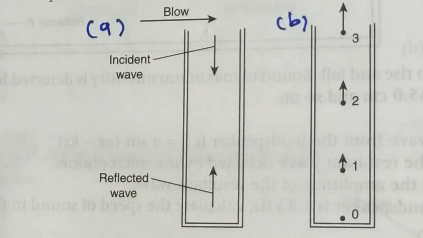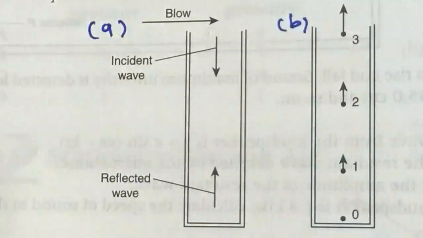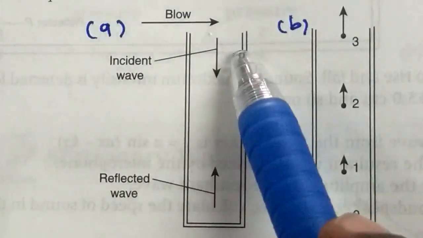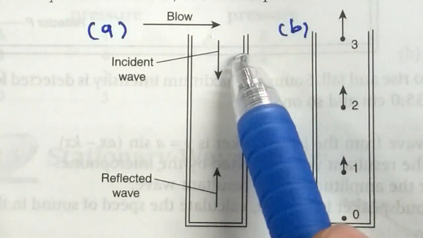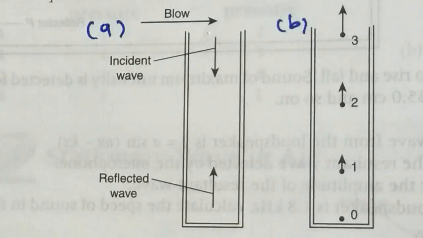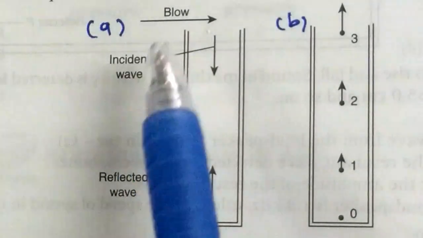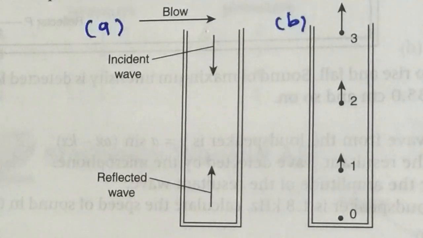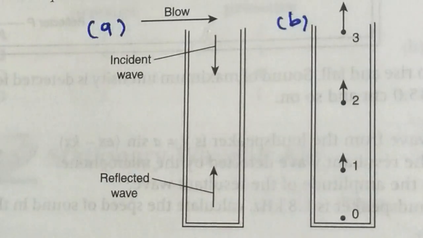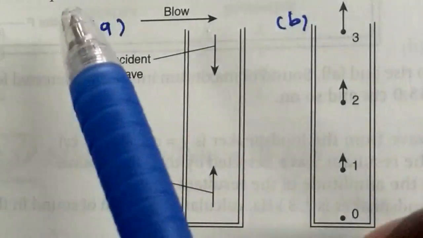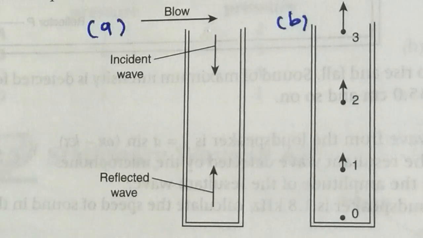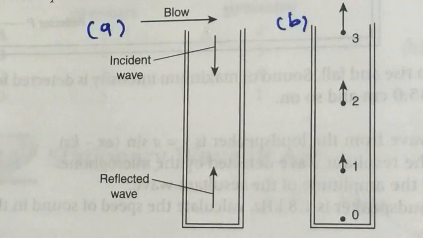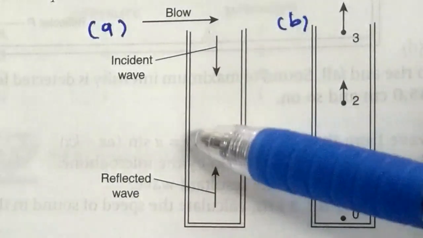If you blow softly across the open end of a test tube, sound of a certain frequency is produced. When you blow harder, the sound produced has a higher pitch. Figure A shows a longitudinal wave traveling towards the closed end and then reflected.